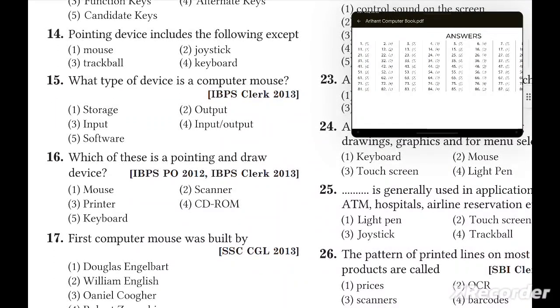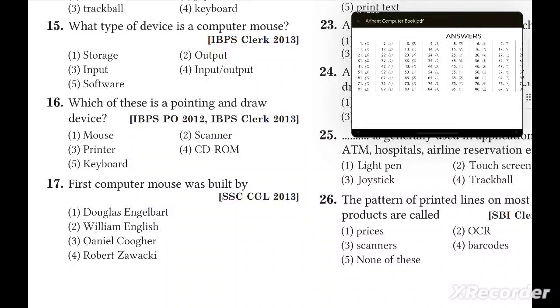Next, what type of device is a computer mouse? First, storage; second, output; third, input; fourth, input or output; fifth, software. The correct answer is third, input. Next question, which of these is a pointing and draw device?